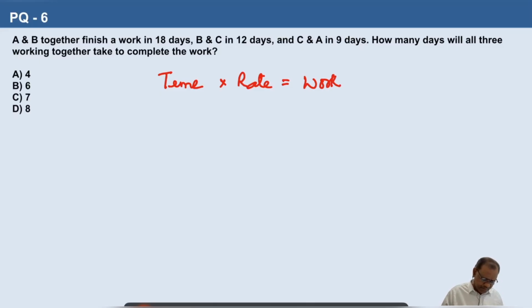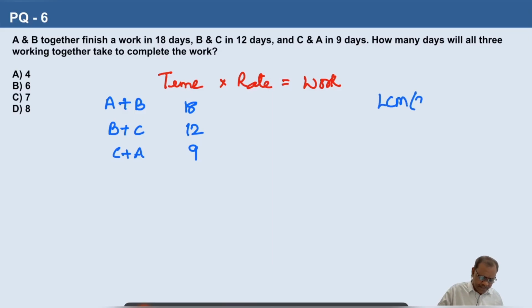So we have A and B, A plus B, they will take 18 days. B and C, B plus C, 12 days. C plus A, 9 days. So let us find out the LCM of all these three numbers.